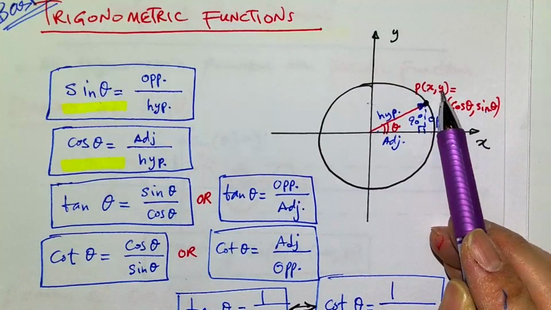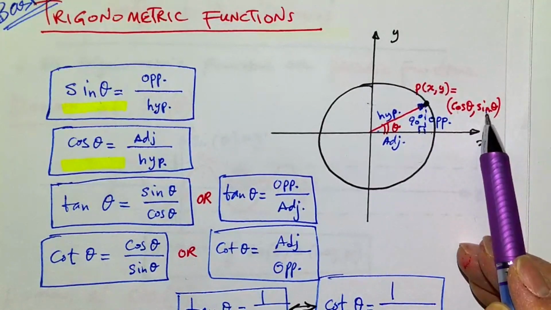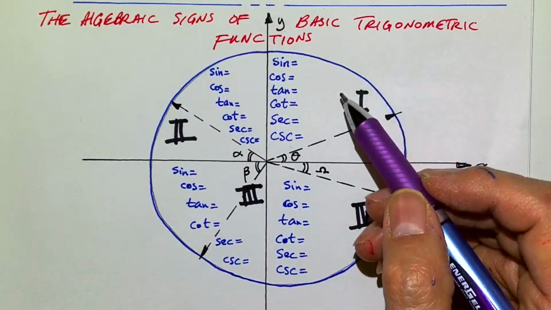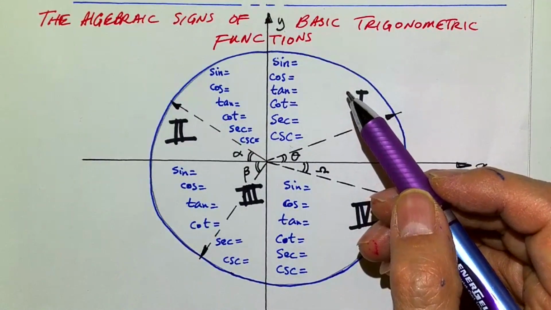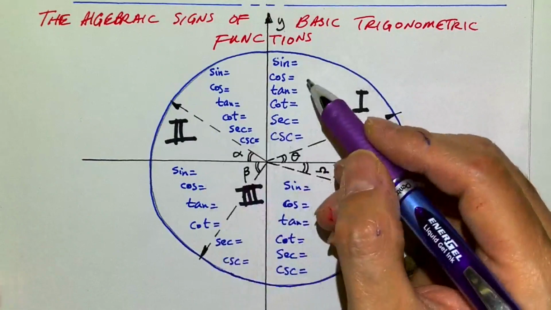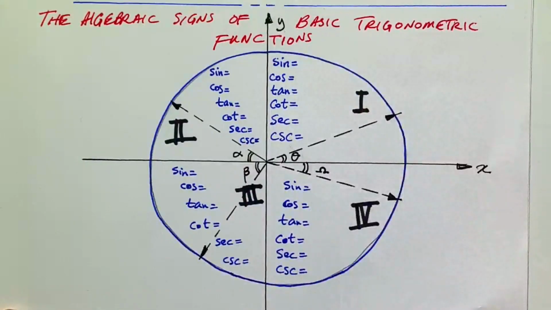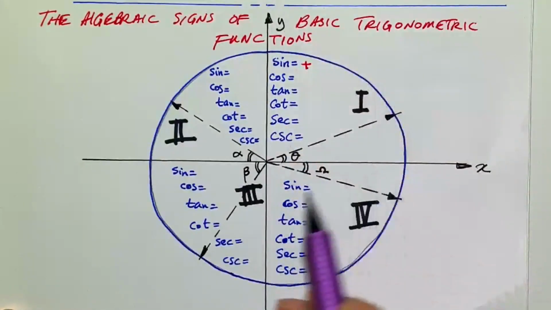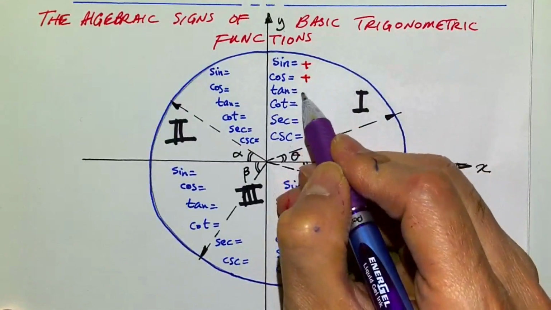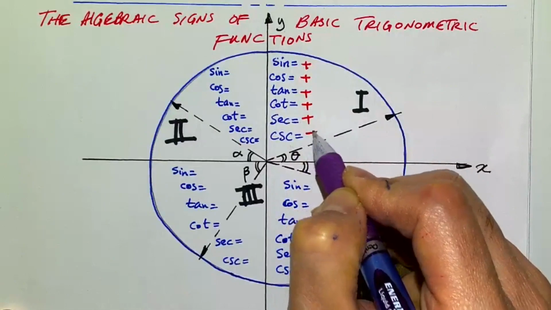Whenever the y-axis is negative, sine of theta is negative. And the other trigonometric functions are the ratios of those. So we can easily obtain those too. In the first quadrant, everything is easy, right? Everything is positive because the x and the y-axis are positive. So all of these are positive.